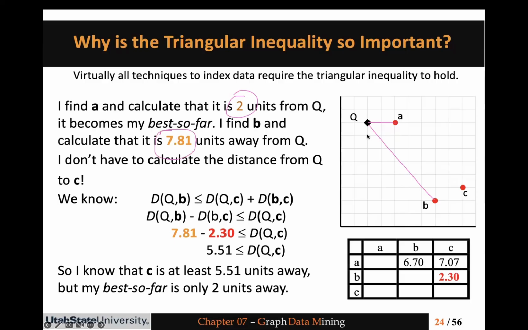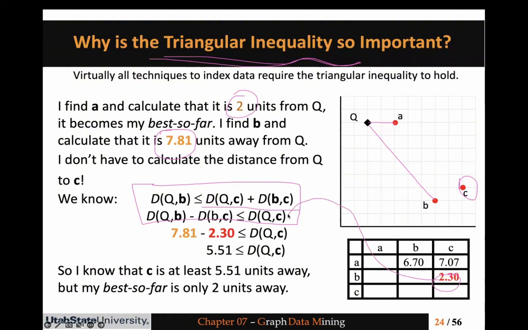Now, because I already have these two pieces of information, I don't really need to compute Q and C, because maybe my distance measure takes a long time. If my distance measure satisfies the triangular inequality, I do know for sure that the distance between Q and B is less than or equal to the distance between Q and C plus the distance between B and C, which I already have from my pre-computed table.